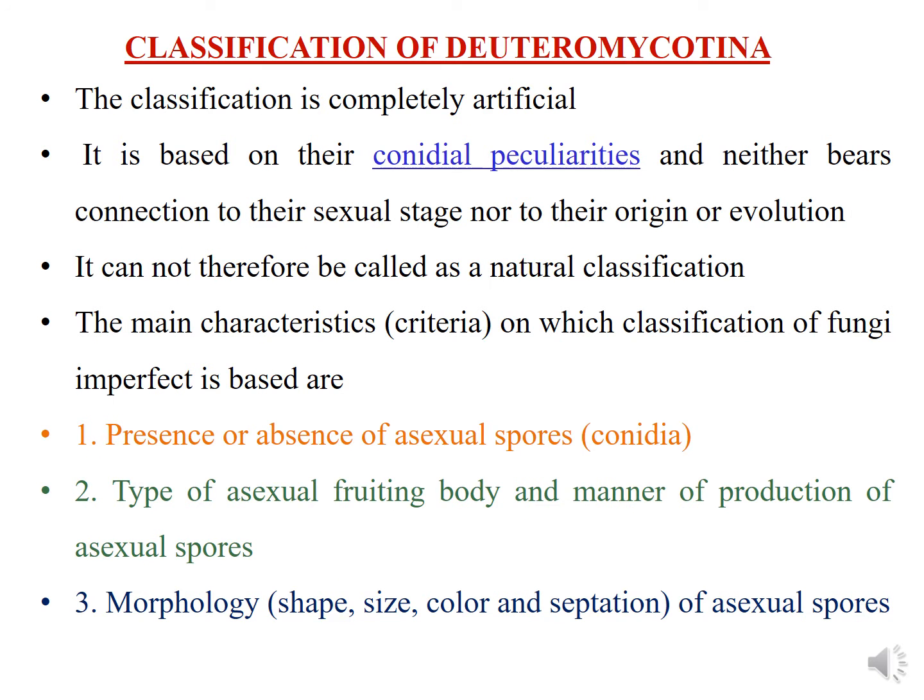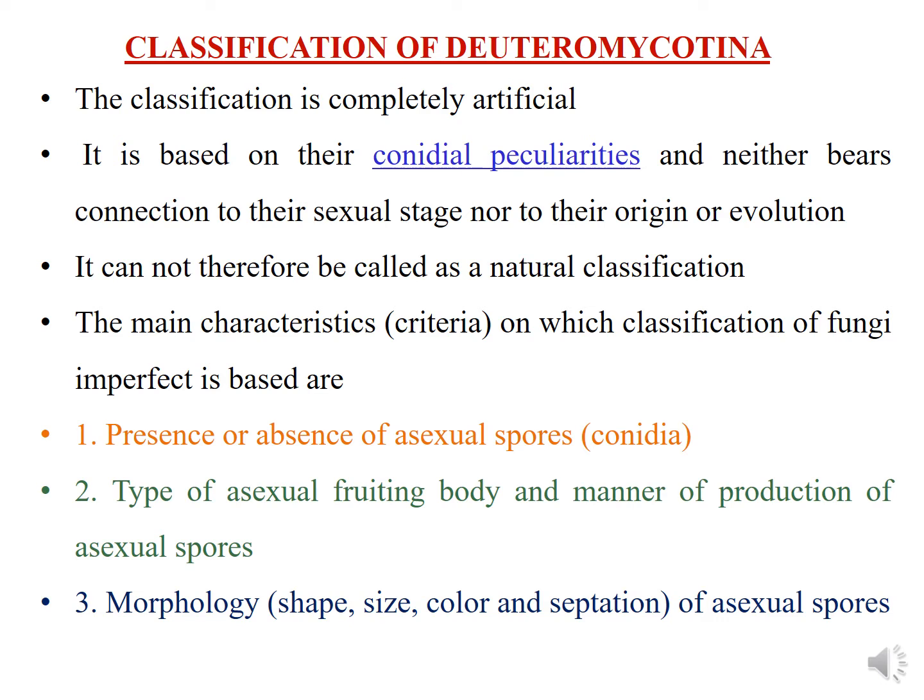Coming to the classification of Deuteromycotina, in this lecture I will explain about the various classifications available for the Deuteromycotina fungi, and the description of the various genera I will cover in upcoming lectures. Because if we cover all the genera descriptions, it will be a very lengthy lecture.